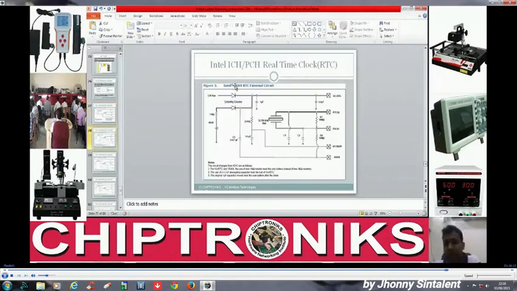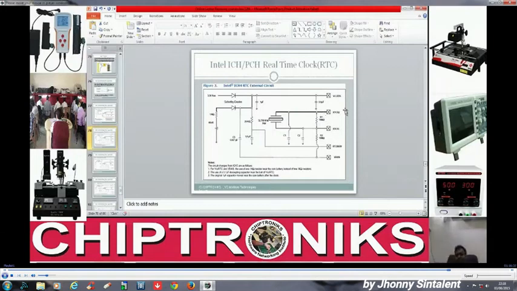Similarly, if the notebook motherboard is using ICH4, then they would have the RTC external circuit like this, right? So sometimes you need to check these capacitors also. Some dust is over here, so you need to clean these capacitors sometimes when your RTC section is not responding.